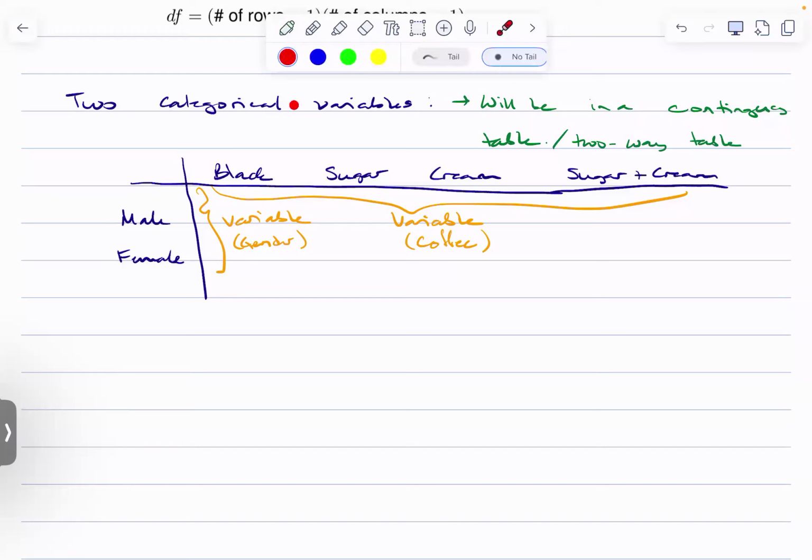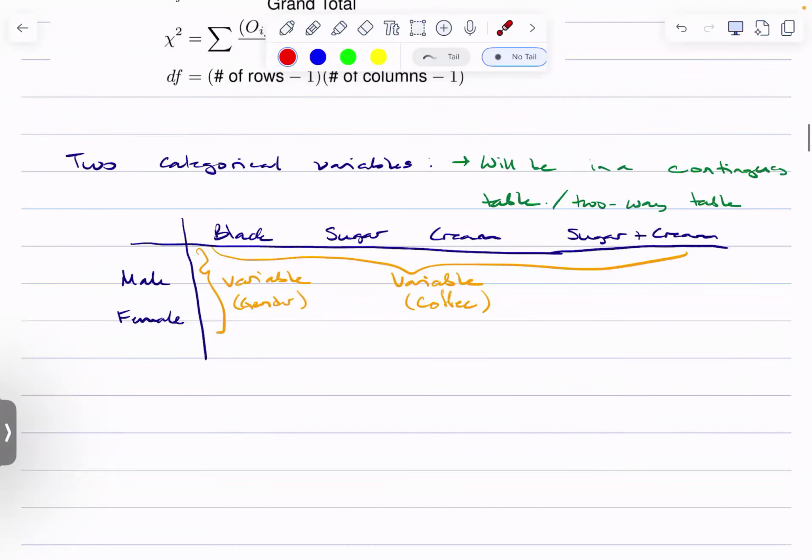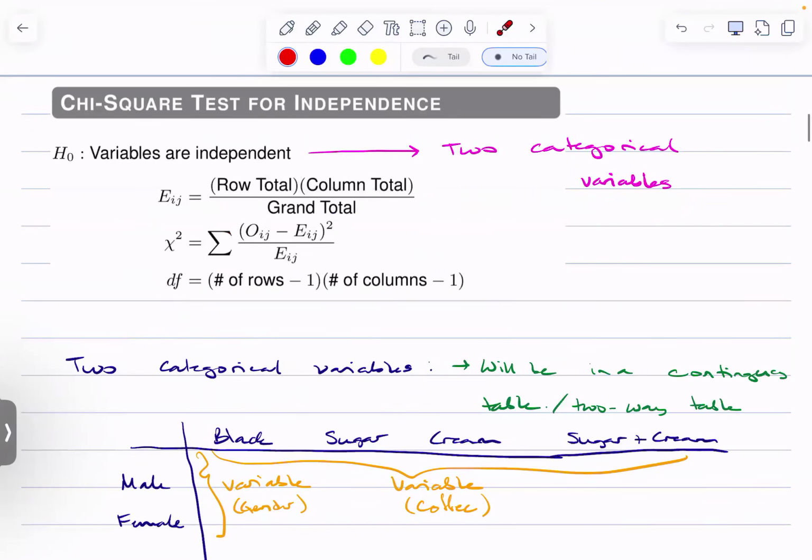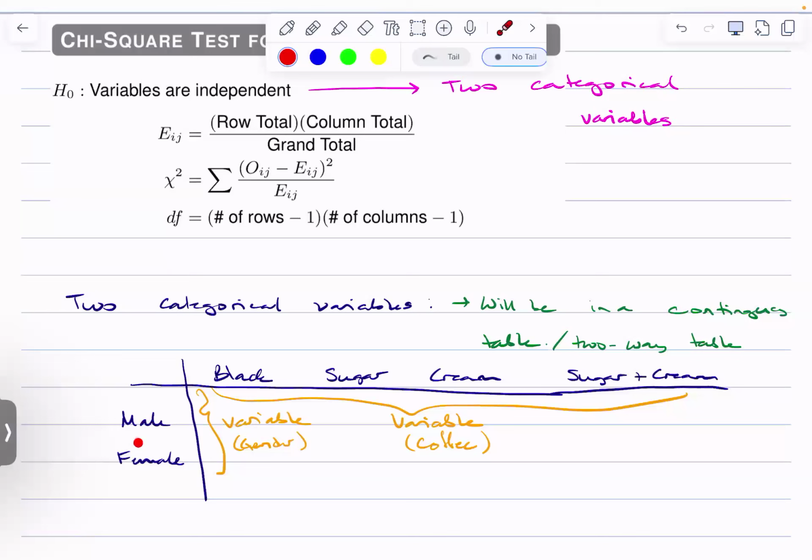Now, from what we've seen before, we generate counts in each of these cells. And then we were able to find conditional probabilities and things like that. But now what we're interested in is the independence. So is this gender variable independent of the coffee variable or vice versa?